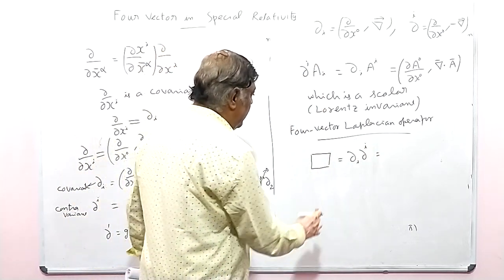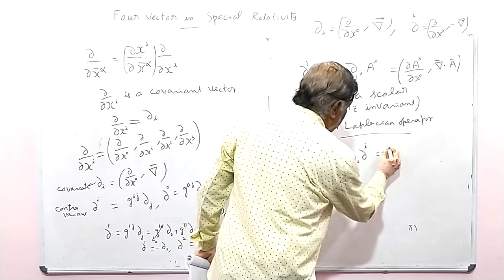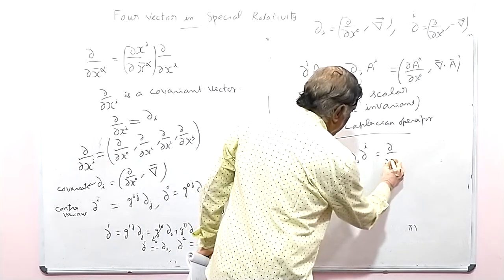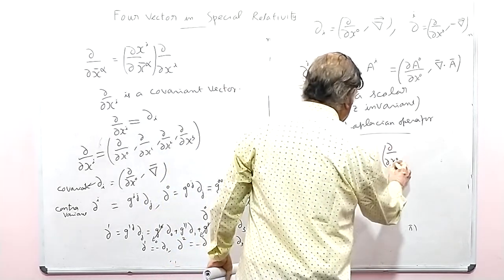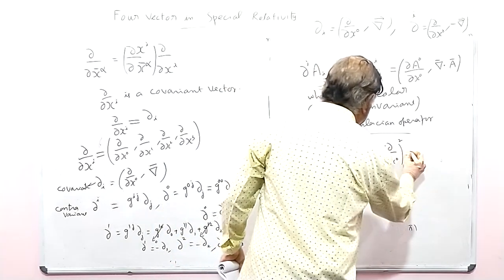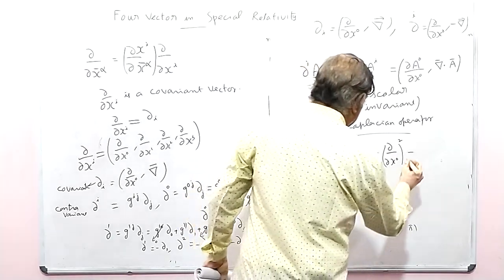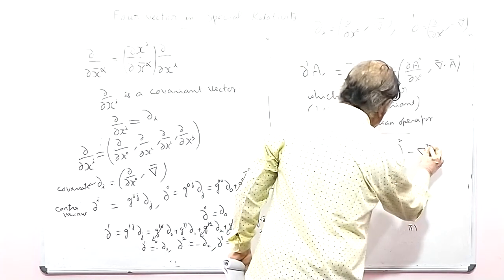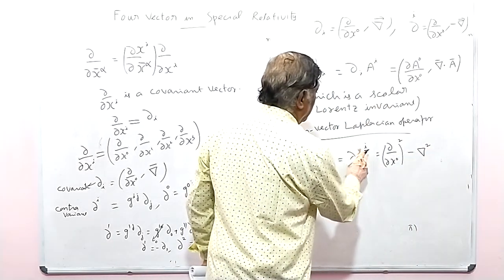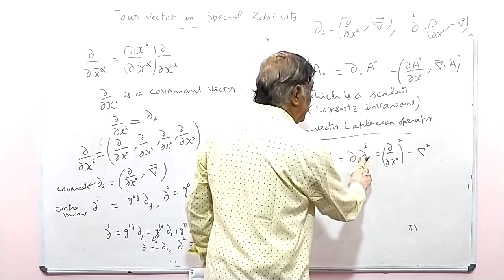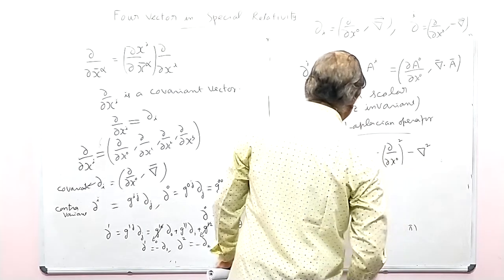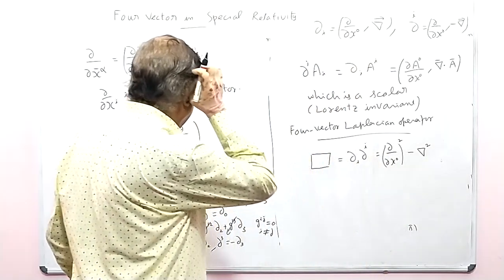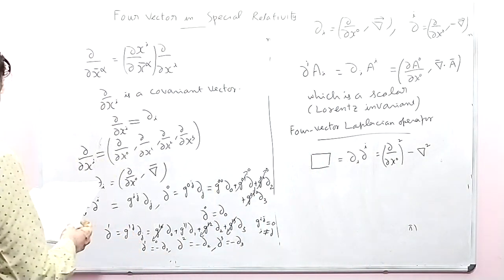If you put 0 0, the first term will be d by dx0 whole square, and this will be minus del square, because this is del and that is minus del, so del into minus del is minus del square. So this is the Laplacian operator expressed in this form.